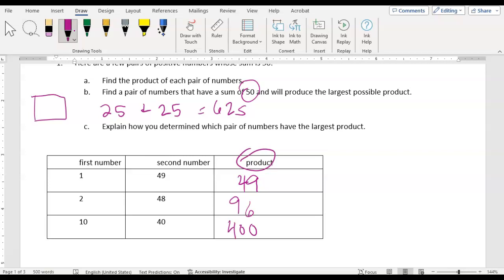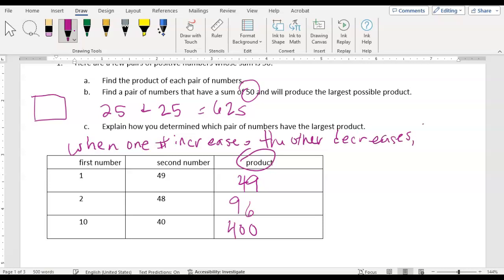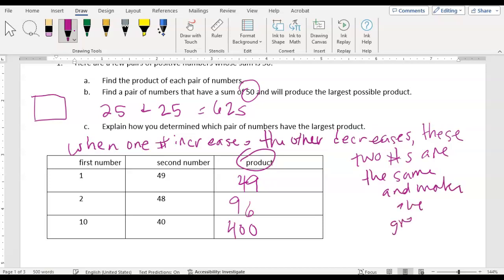And then again, you can notice that when one number increases, the other decreases. These two numbers are the same and make the greatest product.